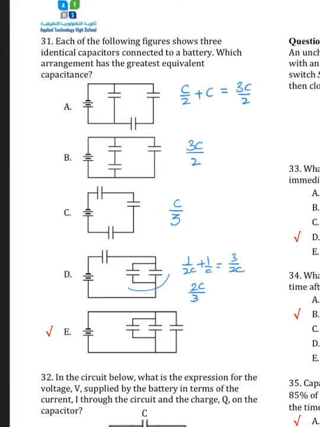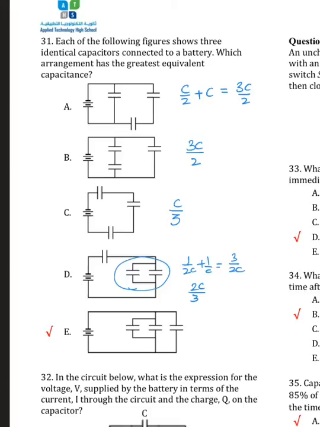Because these two are in parallel, that gives you 2C, and then it's in series with C, so that will be 1 over 2C plus 1 over C. The common denominator is 2C, which gives 3 over 2C, and then you take the reciprocal, you get 2C over 3.